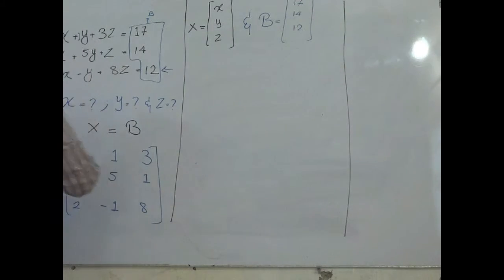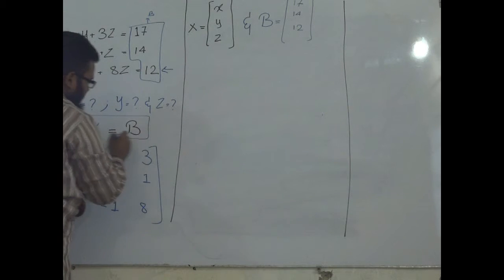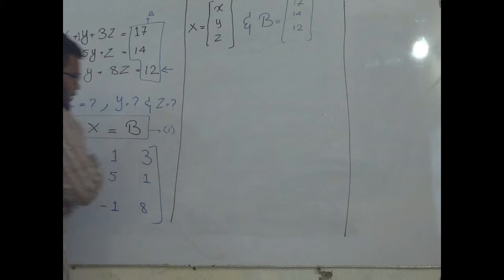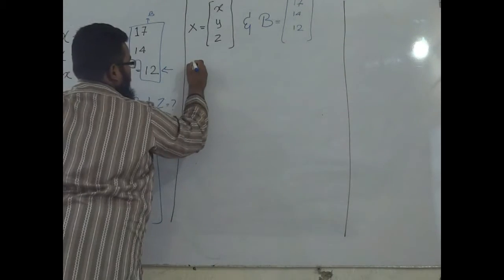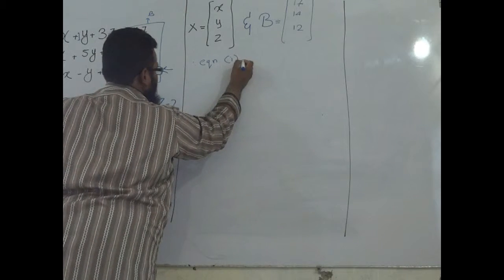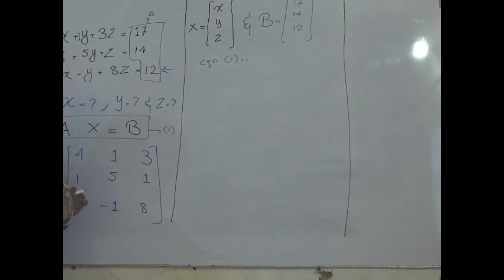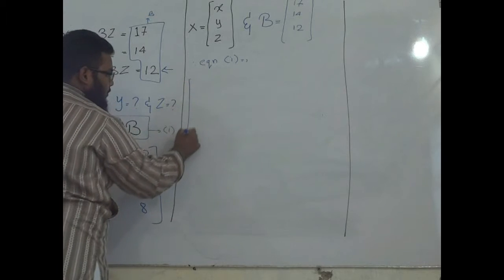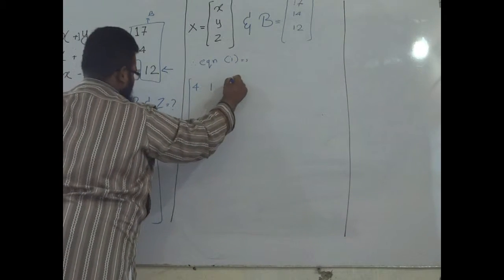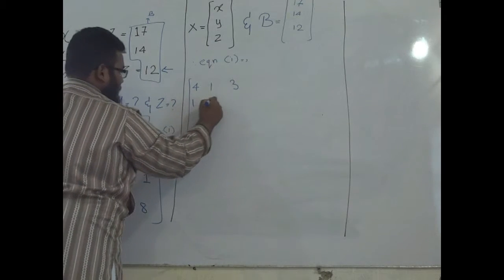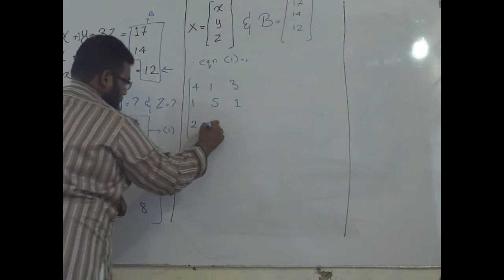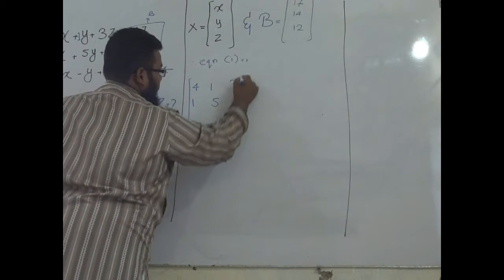Now for this equation 1, therefore equation 1 implies that A is equal to [4, 1, 3; 1, 5, 1; 2, minus 1, 8].